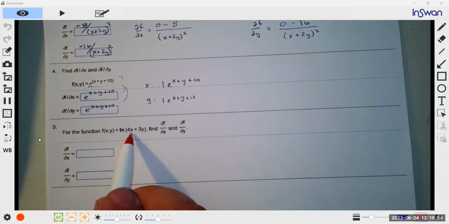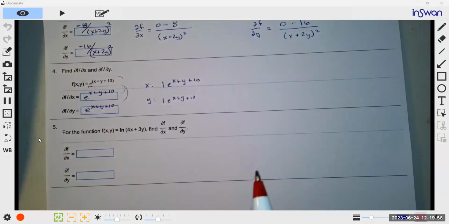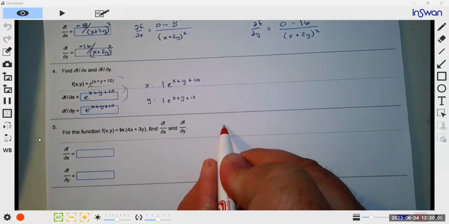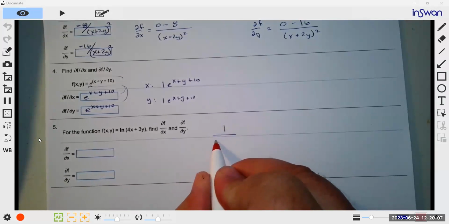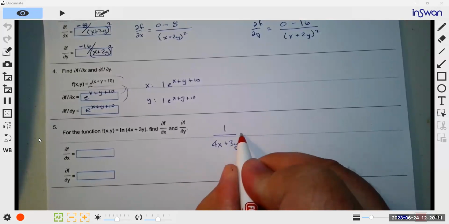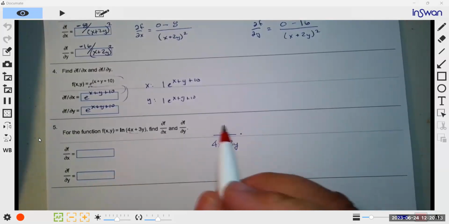The function ln(4x plus 3y), partials of each. The derivative of ln is 1 over the argument times the derivative of the inside.